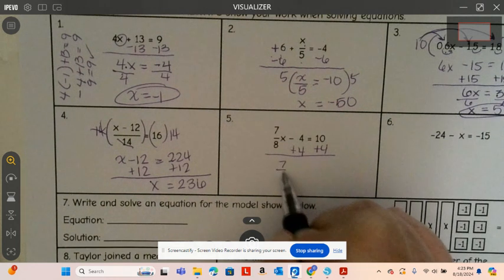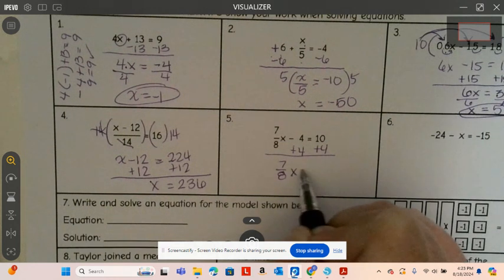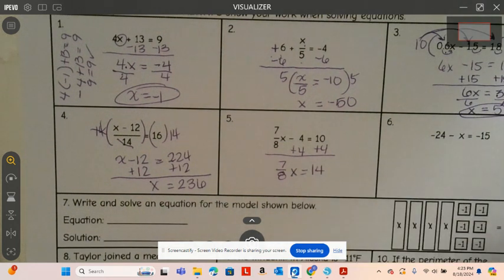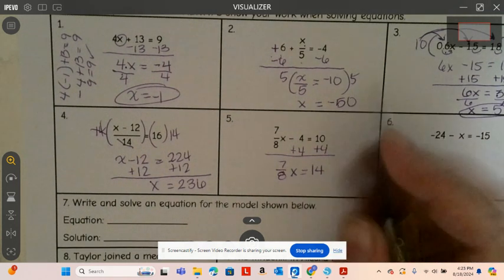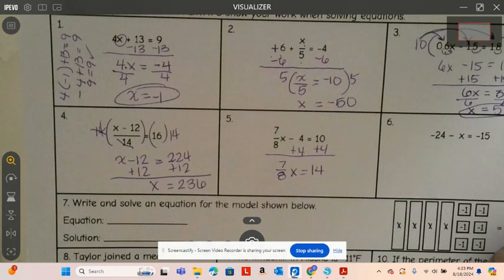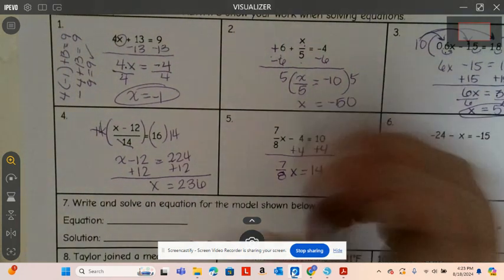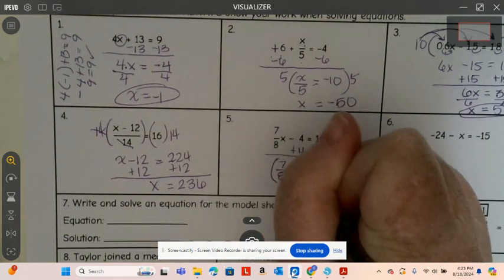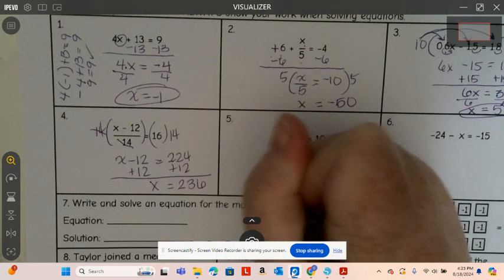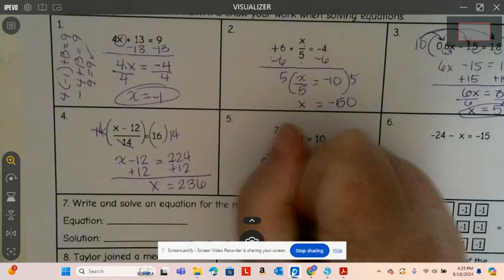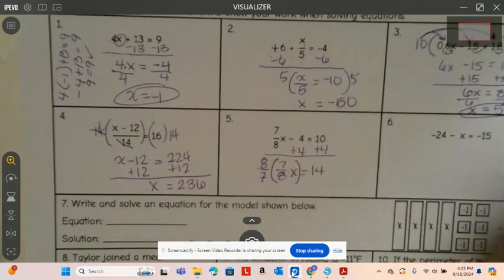I get 7/8 x is equal to 14. Okay. Now we can get rid of the fraction by multiplying by the reciprocal. Remember, the reciprocal is the upside down of the fraction. So I'm going to multiply both sides of my equation by 8 over 7. I'm flipping this fraction upside down.